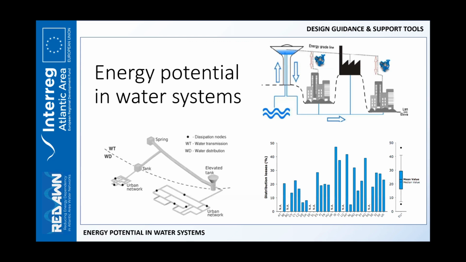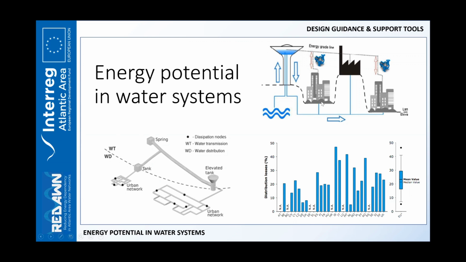Well, which is the energy potential in water systems? As you know, the water systems, for drinking use, of course, can be divided in two parts. The water transmission system from the spring to the tanks and the reservoirs that feed the water network, and the water distribution network that is composed by a lot of branches that are interconnected.